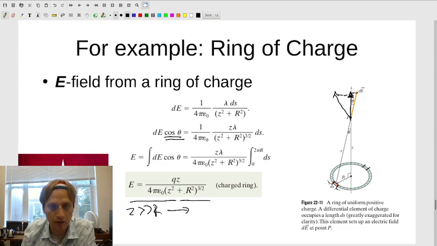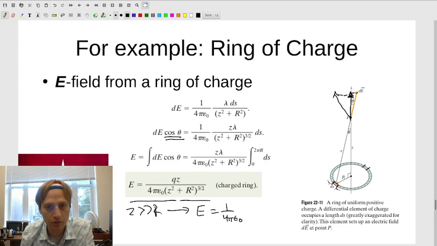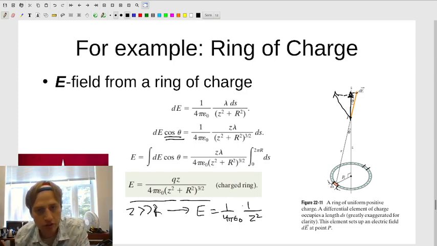Okay, so if I let my r be 0 in this expression, this is E equals 1 over 4 pi epsilon naught, and then I get z to the 3/2 power of z squared, and so that's just basically z cubed, but I have z up there, so this is basically just 1 over z squared. So that looks just like a point charge, okay?